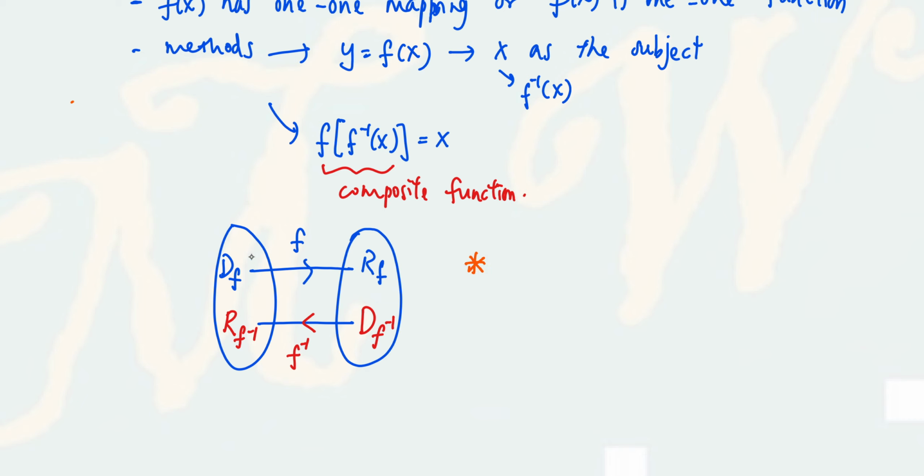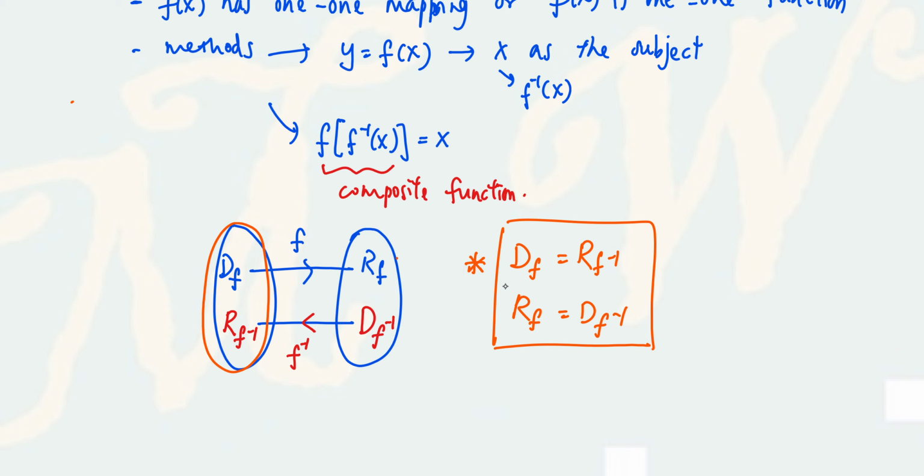The first one is domain of f equals range of f inverse. In the second group, I get range of f equals domain of f inverse. These two are the important formulas for us to identify the inverse function, together with the domain and range of the inverse function.